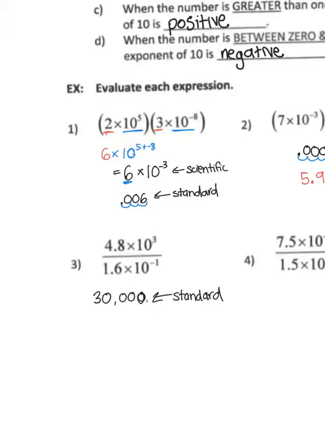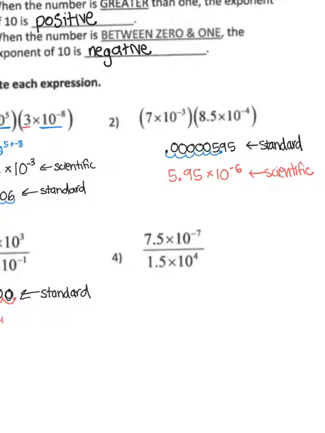If I have my decimal right here right now, I have 30,000. I'm going to be moving it to the left this time. 1, 2, 3, 4. 4 places. So I'm going to have 3 times 10, and since my number is bigger than 1, I'm going to have a positive exponent. That gives me my scientific notation.